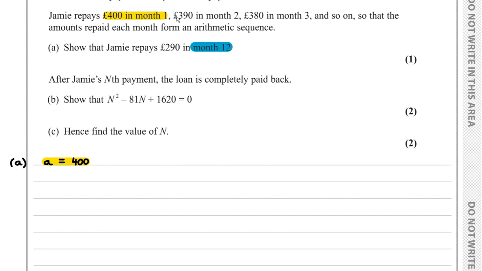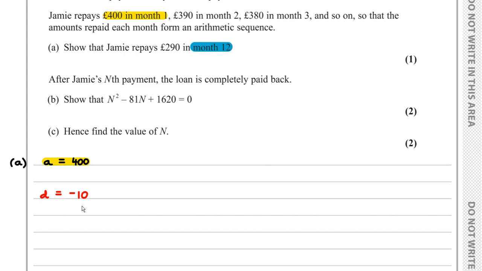In month 2, Jamie repays £390, in month 3, £380, and so on. You can see we decrease by £10 each consecutive month. So the common difference d is equal to negative 10.